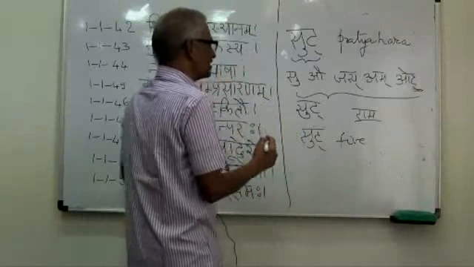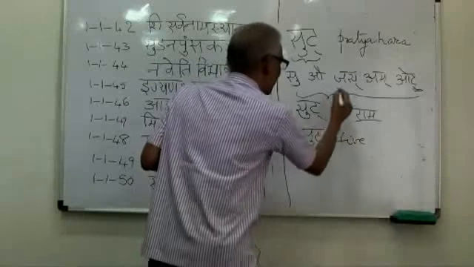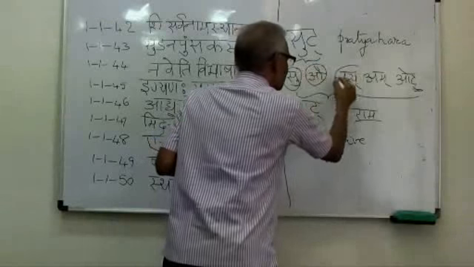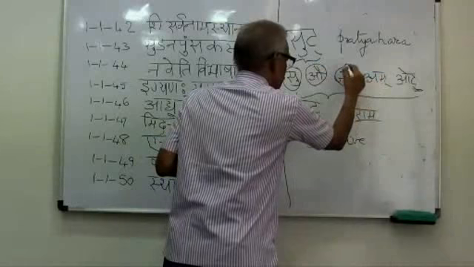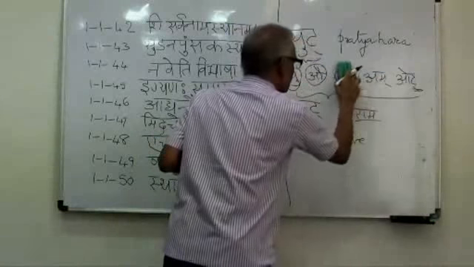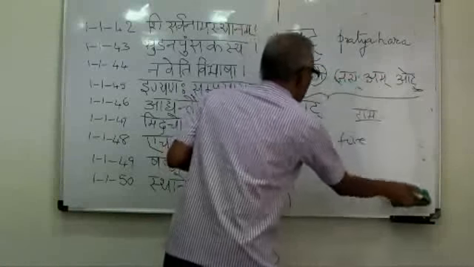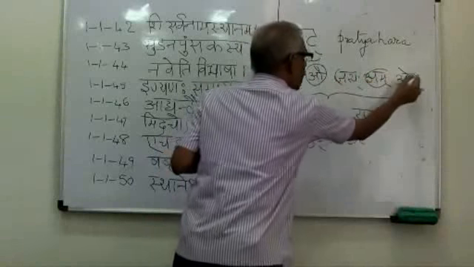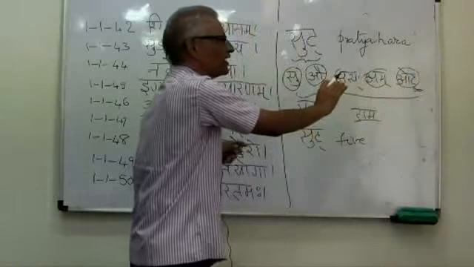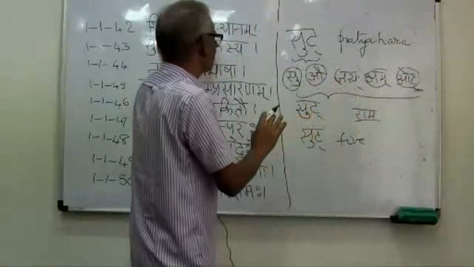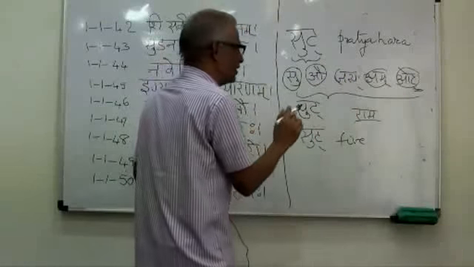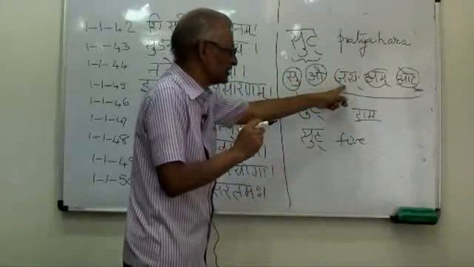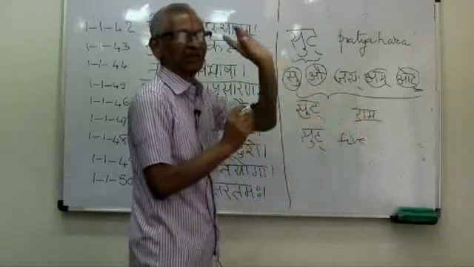Where Napumsakalinga Shabdas are there, these pratyayas like su, au, aut will not be taken as Sarvanama Sthana as far as Napumsakalinga is concerned. Because we told, for Napumsakalinga Shabdas, the place of jas and the place of shas are Sarvanama Sthana.